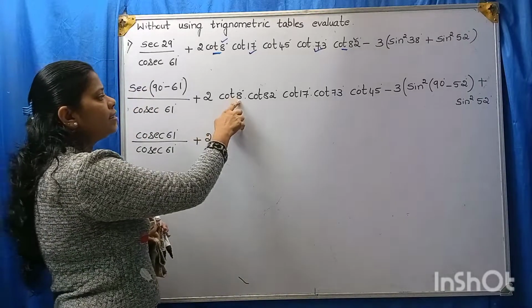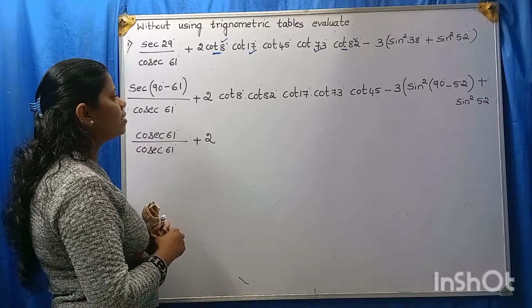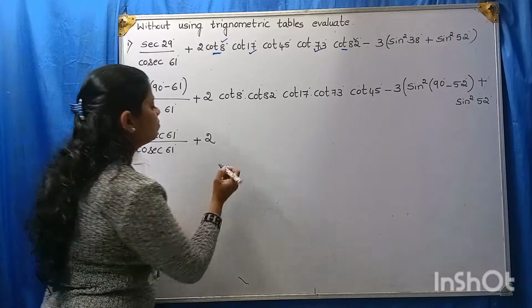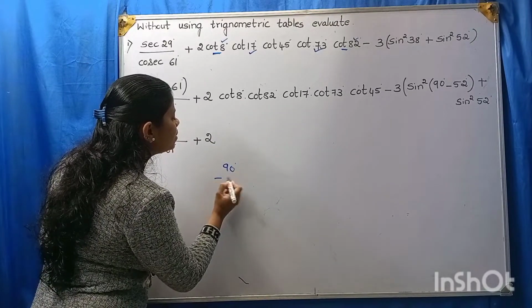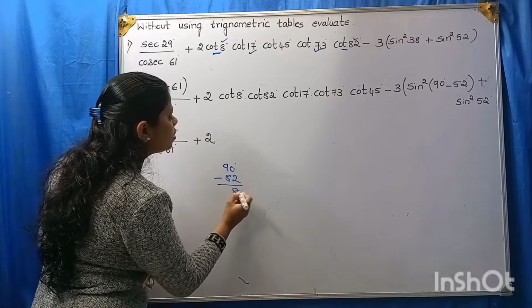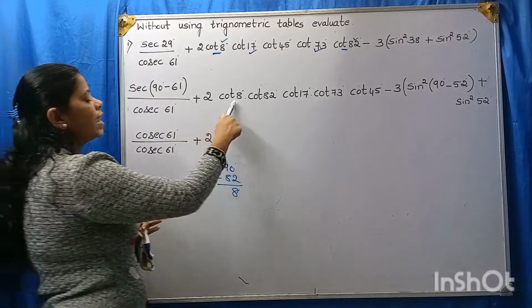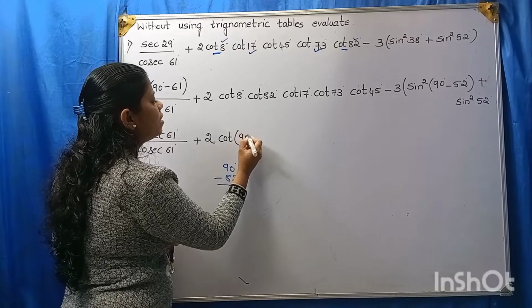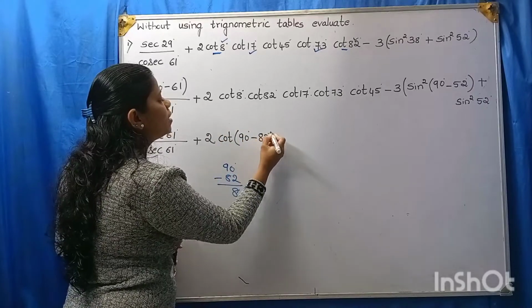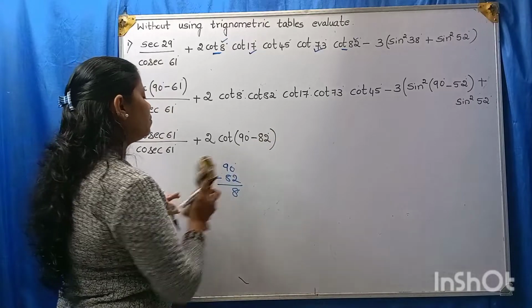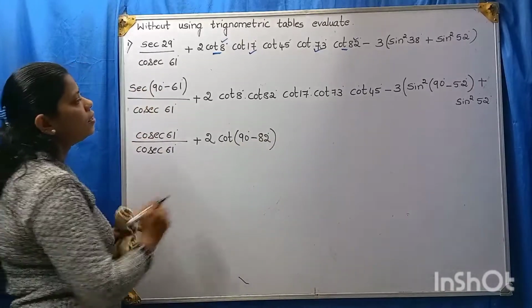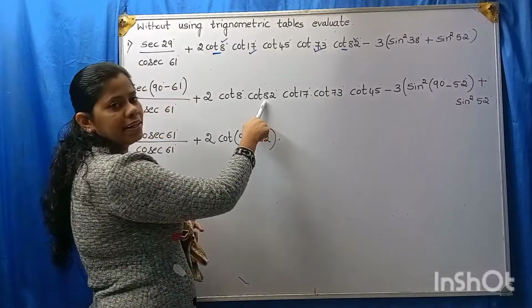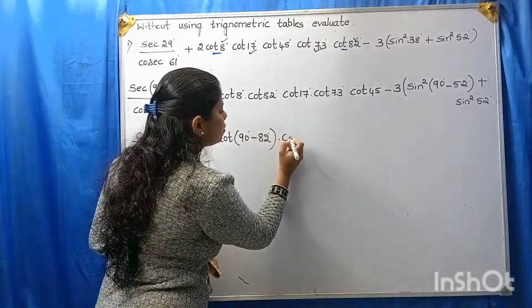Now this 8 degree I can write as 90 minus 82, which is 8. Therefore this 8 degree I will write as cot 90 degree minus 82 degree, into cot 82 degree, let me write as it is.